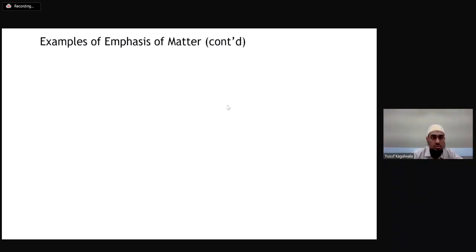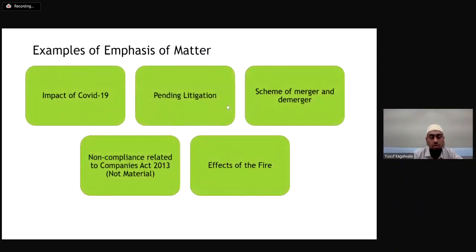Certain other examples with respect to emphasis of matter were non-compliance with respect to the Companies Act and schemes of merger and demerger. When a scheme of merger or demerger happens, in the year when it takes place, to update the users about the merger, the management is already giving a detailed note about the merger and its impacts, the accounting, and where the goodwill or capital reserve has gone.